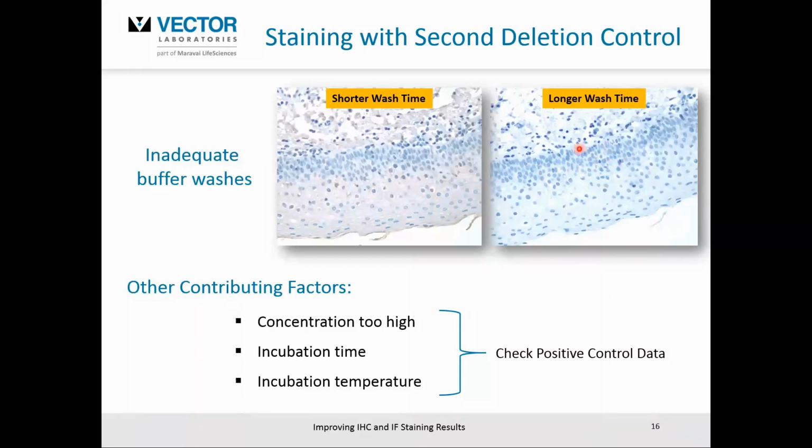It might clean up the background. Hopefully you can see that there's no such toning in this particular adjacent tissue section here. So just be aware of that. Some of the other contributing factors I mentioned probably won't factor in largely in most of these issues associated with staining in a secondary deletion control, but just be aware of them anyway.